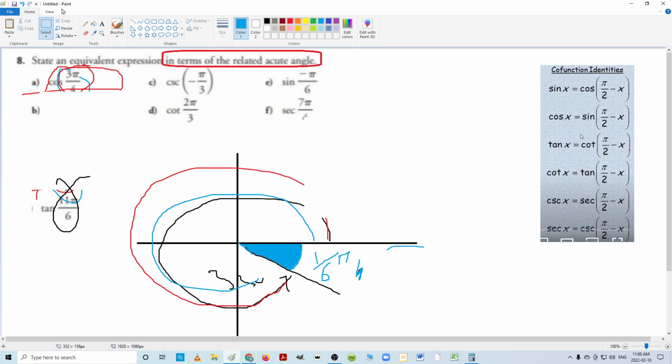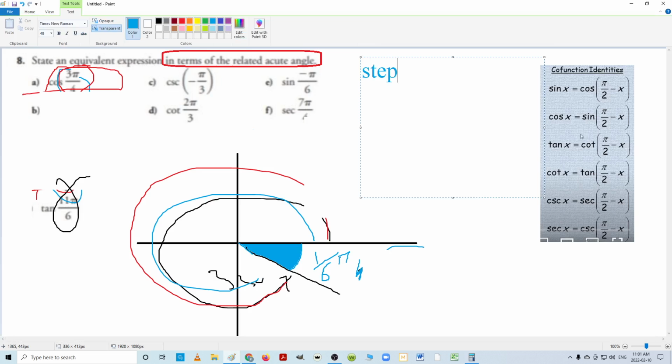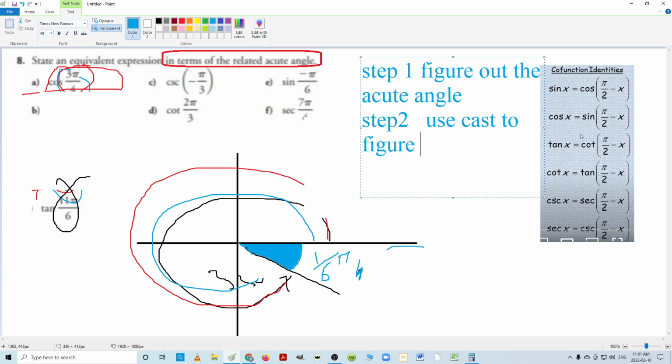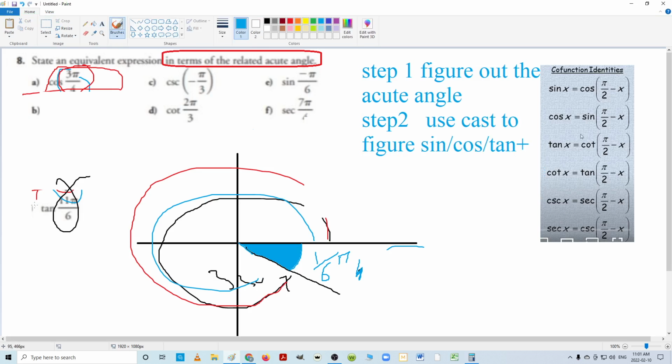Okay, let's see what we can figure out about CAST now. So that was step 1, figure out the acute angle. That's always the important part. Step 2, use CAST to figure out sine, cosine, tan, positive or negative. And what is the question asking us about? It's asking us about tan, so we should focus on tan.